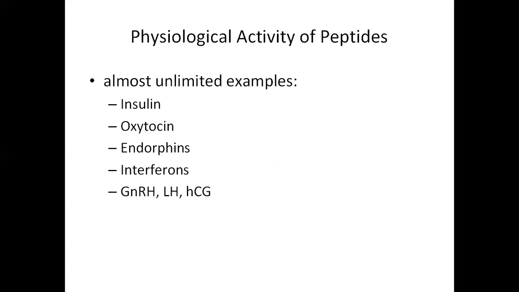Peptides have physiological activity, and there are almost unlimited examples that we could use. For example, insulin is a peptide which has the physiological function of decreasing blood glucose values. Oxytocin is about 12 amino acids long and functions in lactating cattle to cause milk production.